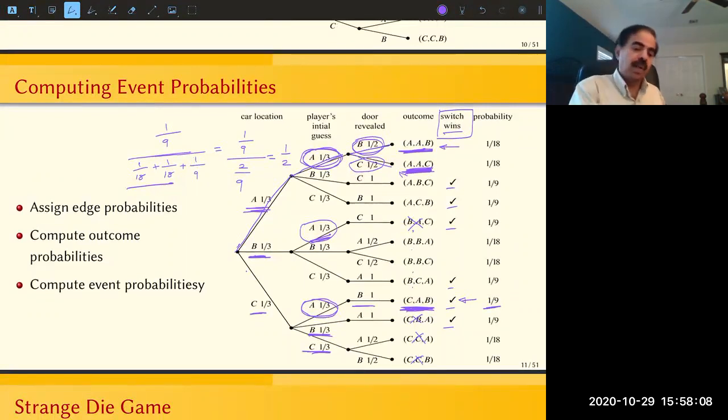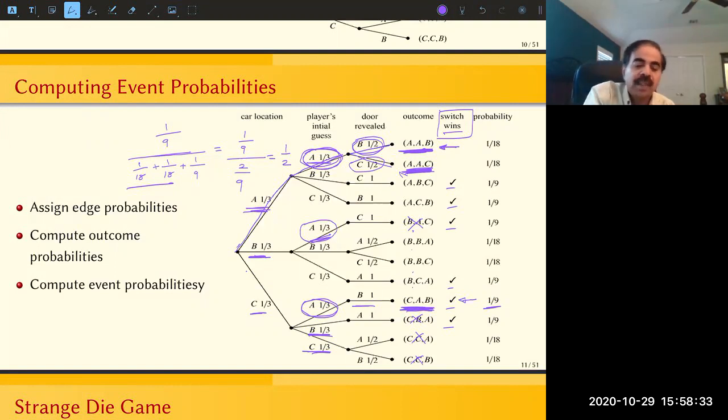Right, so in this case, where we have already made the correct choice, the probability that the host opens door B is only half of the probability that the host opens door B in this case, where we have made the wrong choice, right?